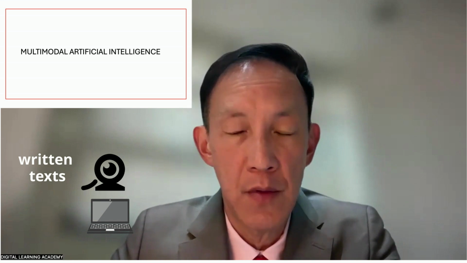AI multimodal software can process a wide variety of inputs: written text, images, audio. Then it converts those into various outputs. They are not necessarily the same as the source type.